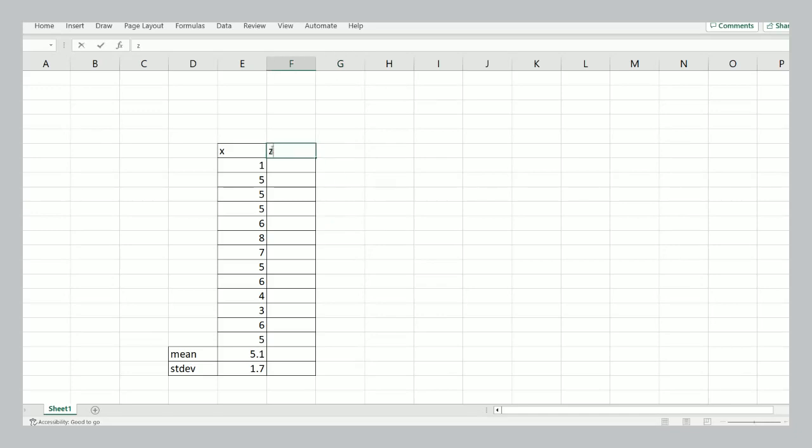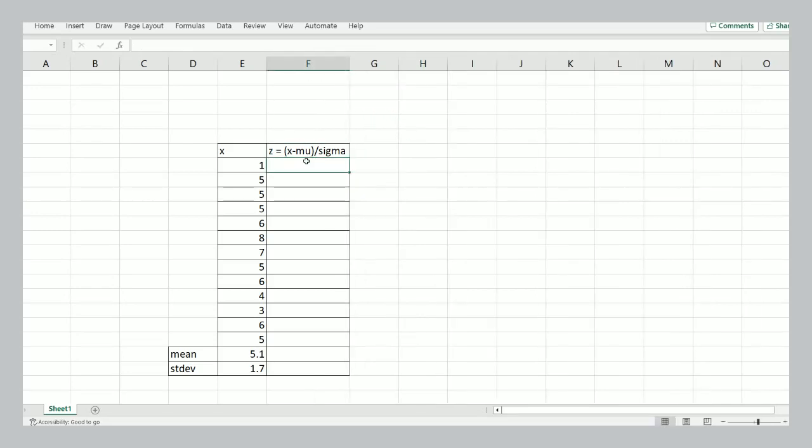Now we create our z values, which are equal to x minus the mean, mu, divided by sigma. Okay, so what I'm going to do, I'm going to do x value minus the mean, and we're going to put dollar signs there so that Excel copies and pastes the formula correctly, divided by the standard deviation.